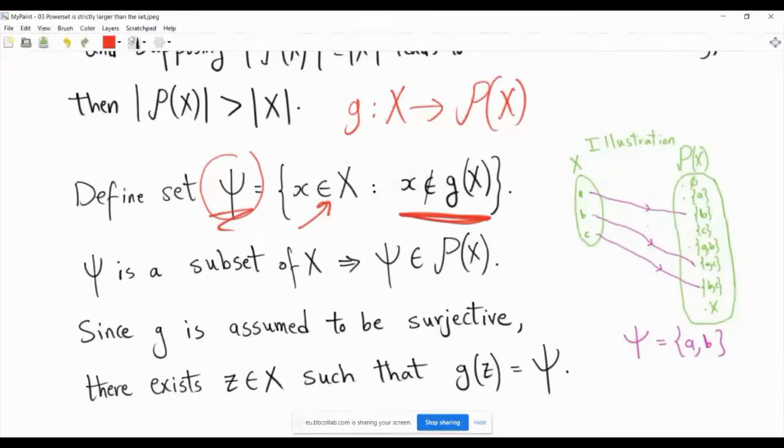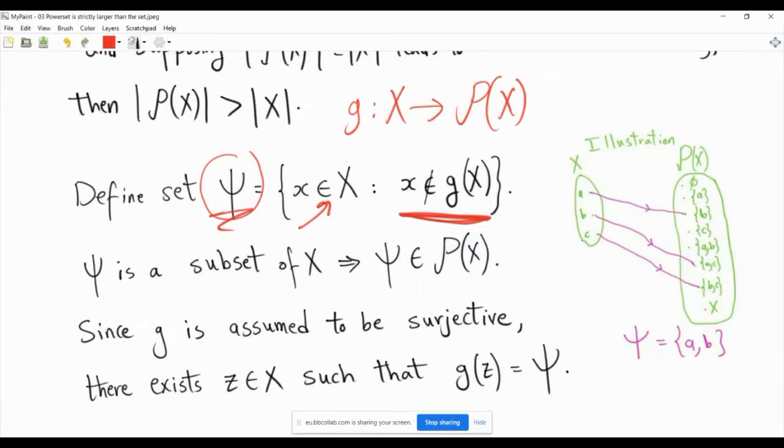So this is for illustration. Let's assume that function G will take A to B, it will take B to A and C, and it will take C to B and C. So this is an example of a function defined from X to the power set of X. Again, things here are sort of trivial because I cannot illustrate things except using a finite set.